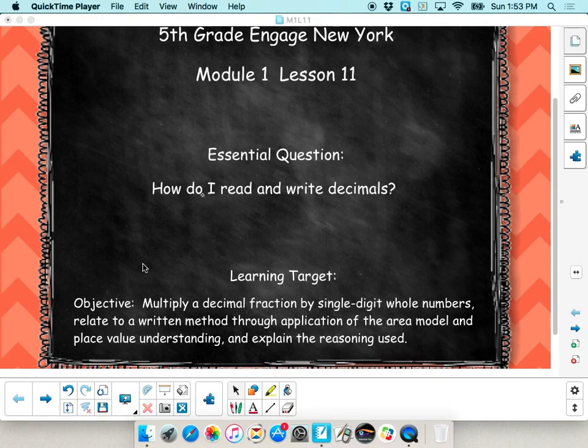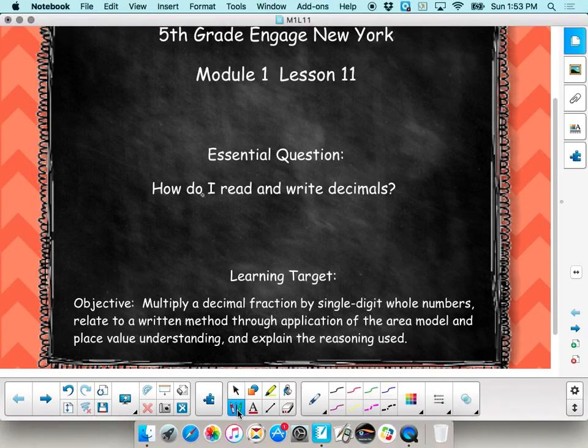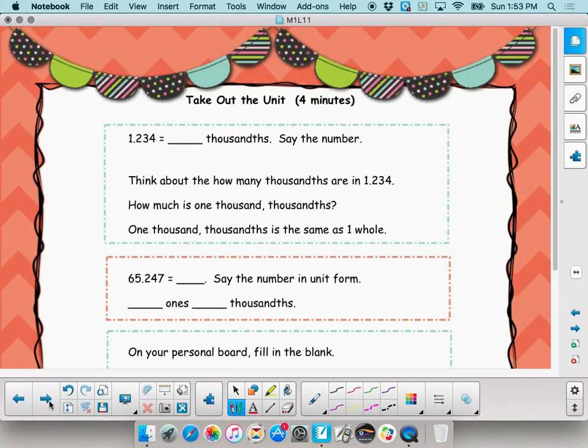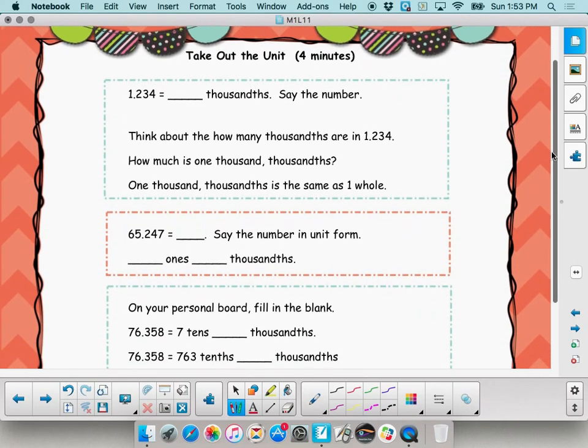One nice thing about it, when you first start out multiplying with decimals, it's relatively simple if you can remember what to do with your decimal. Okay, let's review. This says 1 and 234 thousandths. Now think about how many thousandths are in 1 and 234 thousandths.